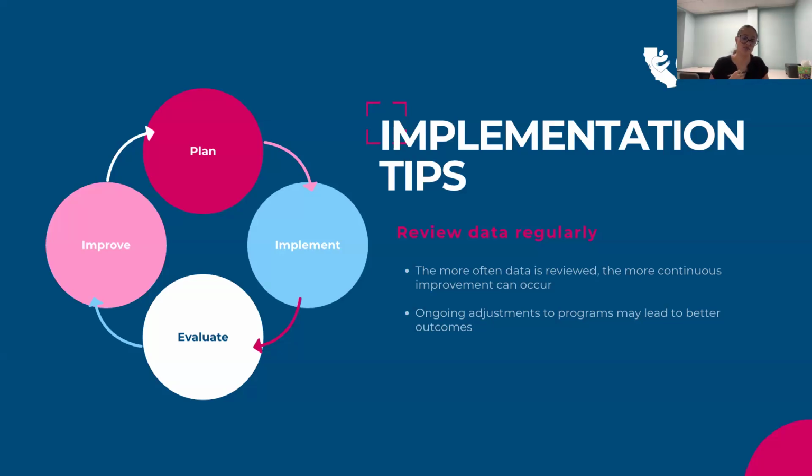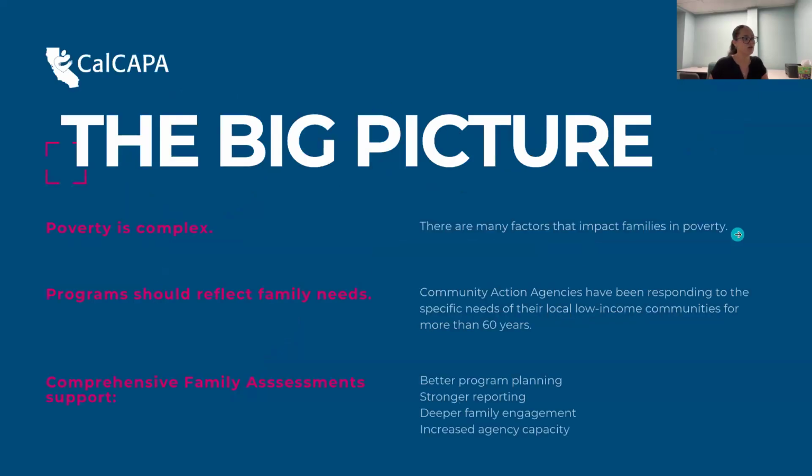I look at these family assessments every month because that coincides with our meeting times for the diaper program, but you could look at this data however often or however not often you wanted to, whether that's weekly, quarterly, just every 6 months, or just during your needs assessment processes even. But ongoing adjustments to programs often lead to better outcomes. So the more you look at it, the better things can be.